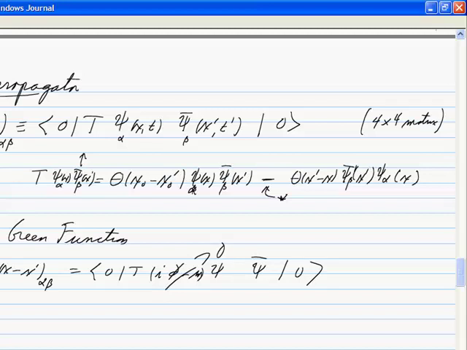Okay, right? But the other one, the time derivative can act on the time ordering.